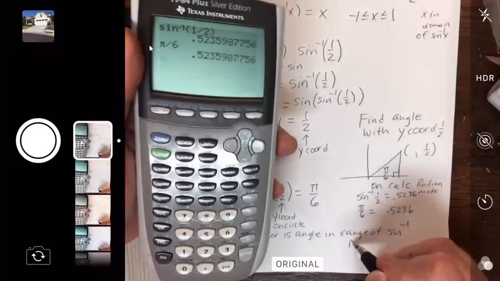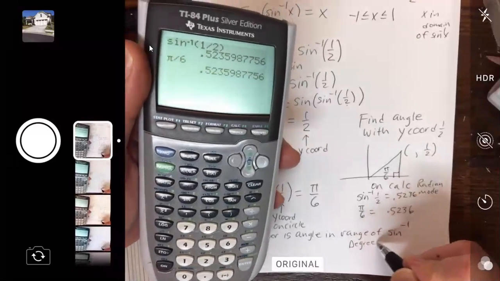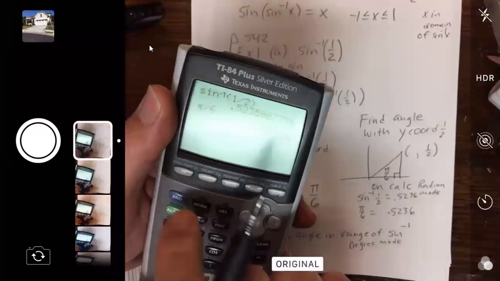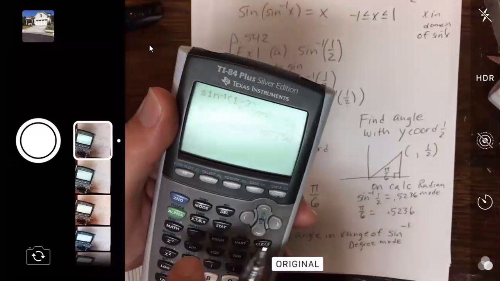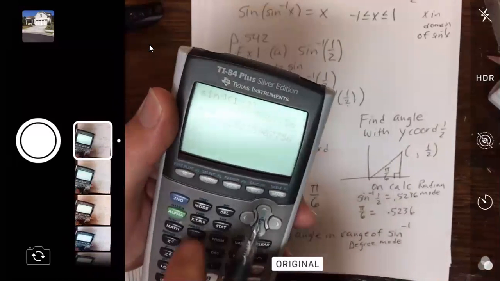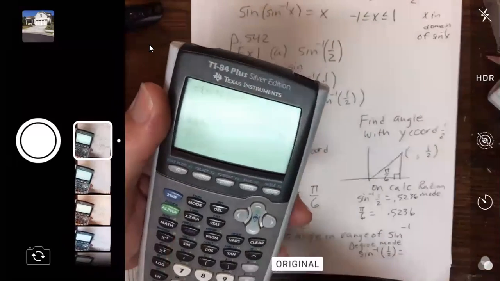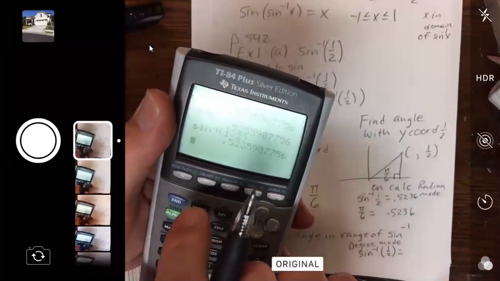In degree mode, arc sine 1/2, I did not switch to degree mode, sorry.